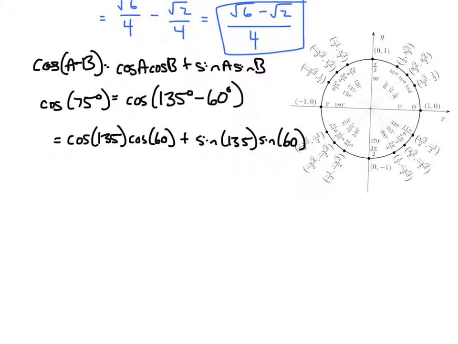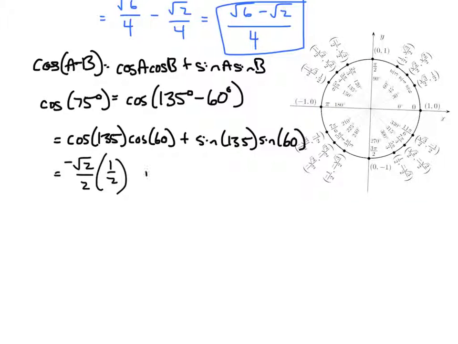From looking at the unit circle, the cosine of 135 degrees is negative square root of 2 over 2. And the cosine of 60, so the x value at 60 degrees, is 1/2. Oh, I'm sorry, that's negative square root of 2 over 2.